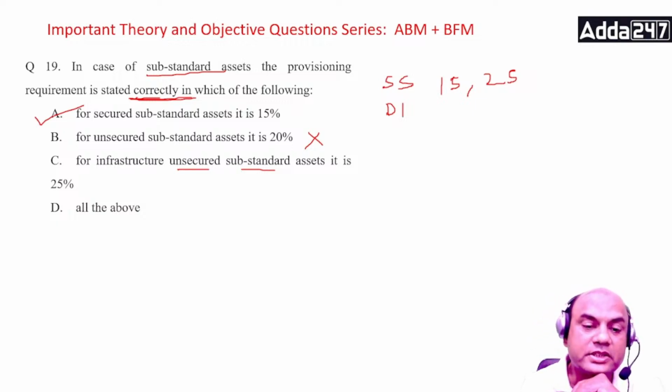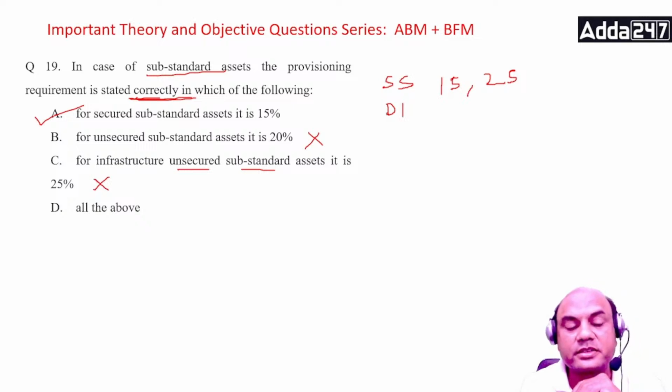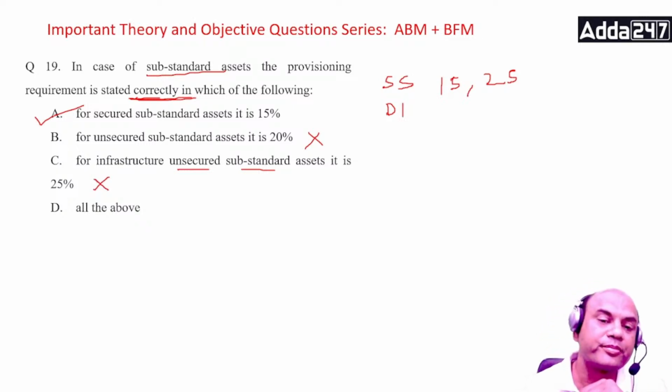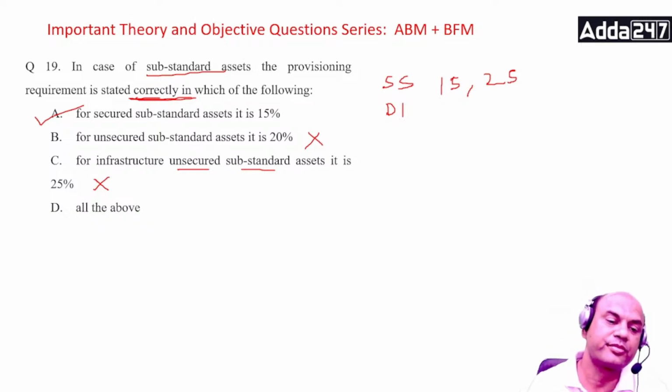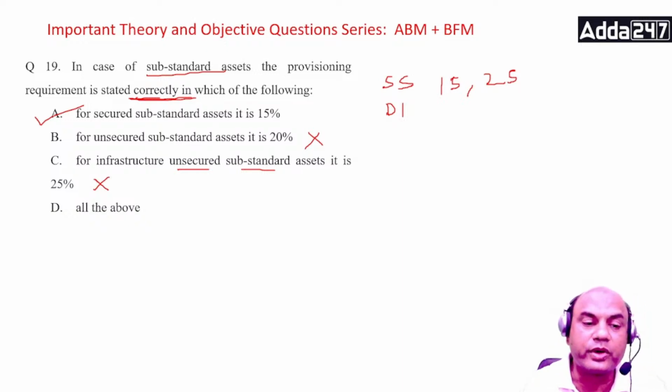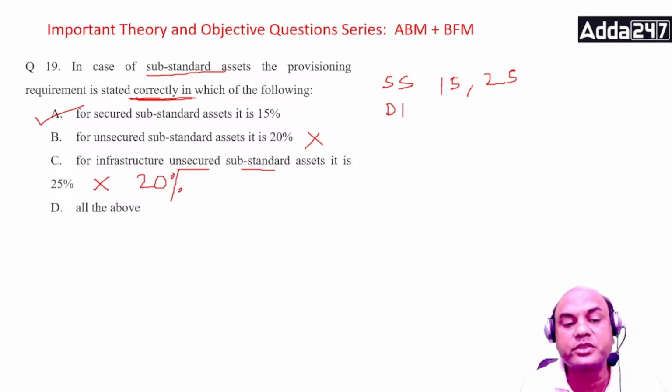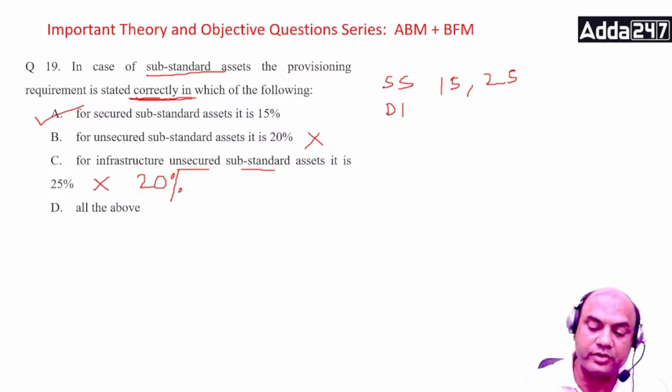You type. If this is wrong, then what is the right answer? What is the right answer for infra related substandard? Give me the answer. It is 20%. Remember, it is 20%. Got it? It is 20%. So that is the right answer. Got it, everyone?